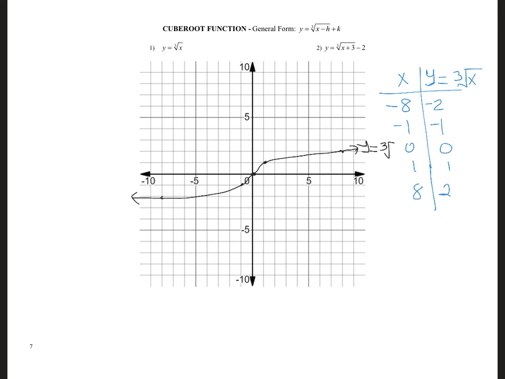And you can see definitely it's different from the square root function. And you can see the domain for this one is all real numbers, from negative infinity to infinity. For the range, you can see it's the same thing. Negative infinity to infinity.